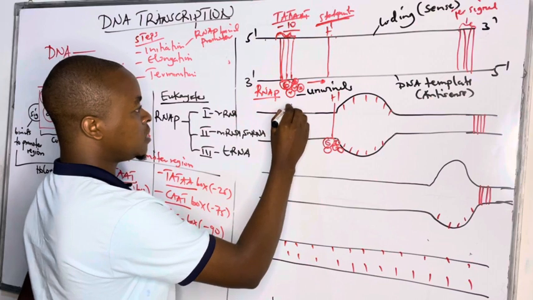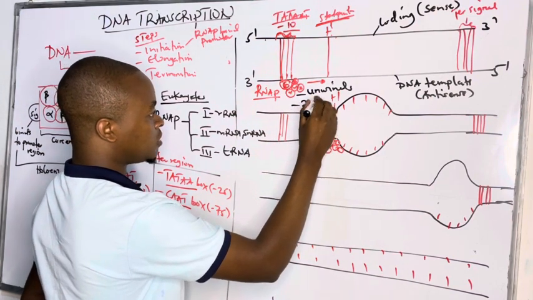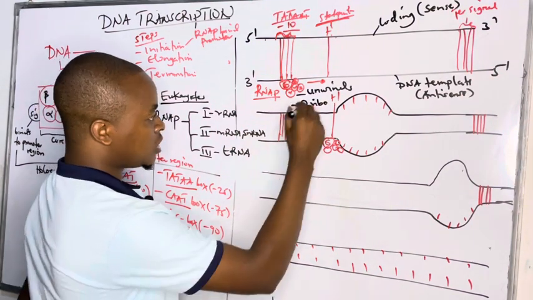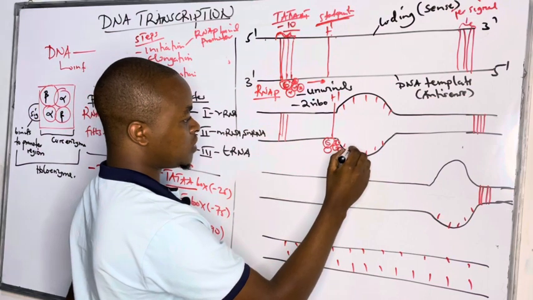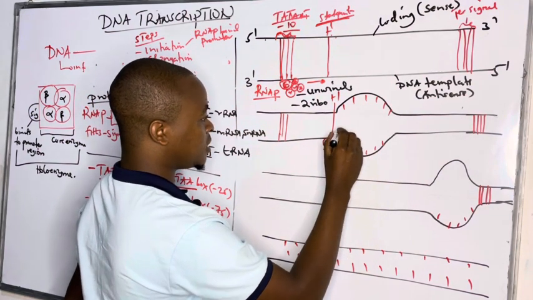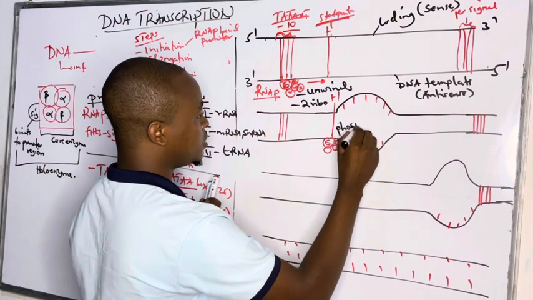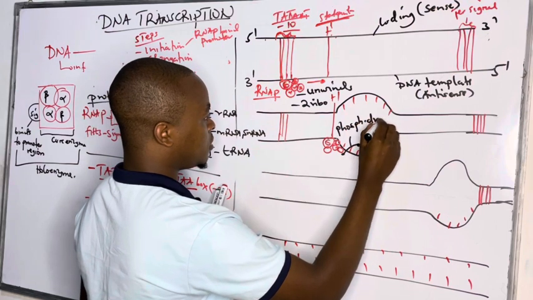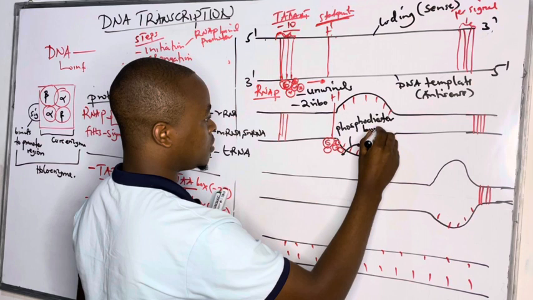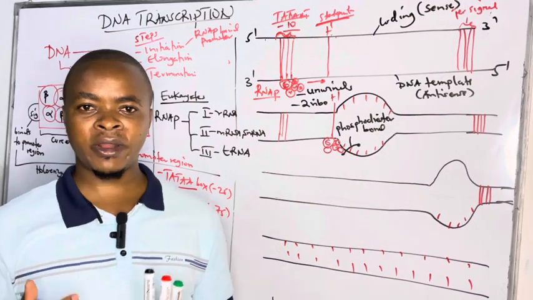After unwinding, it adds two ribonucleotides. After adding two ribonucleotides, we shall see the formation of the first phosphodiester bond. It leads to the formation of a phosphodiester bond.